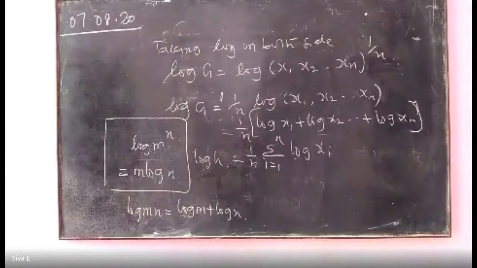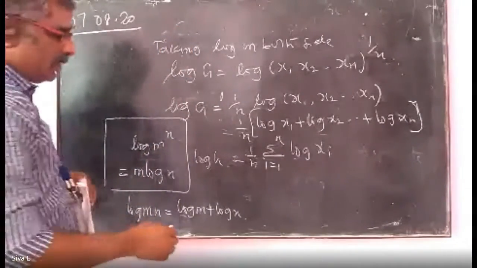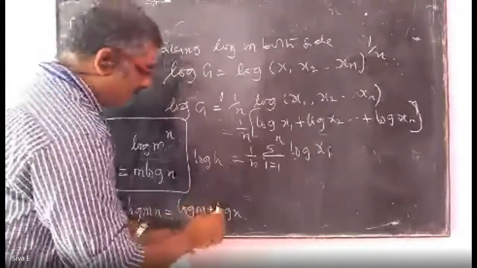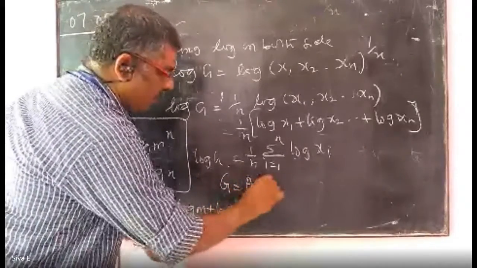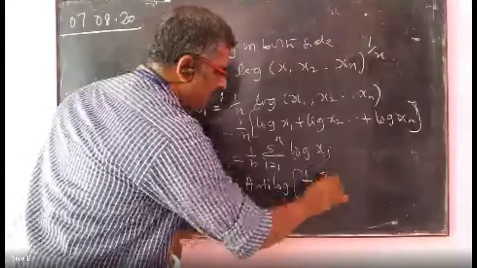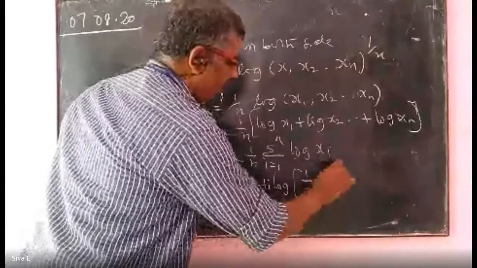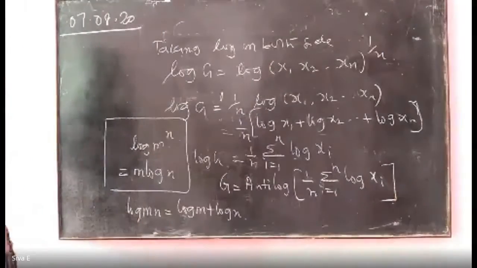But the geometric mean is denoted by capital G only. So how can you get that G? Taking anti-log on both sides, G equal to anti-log of 1 by n summation of i equal to 1 to n log xi.